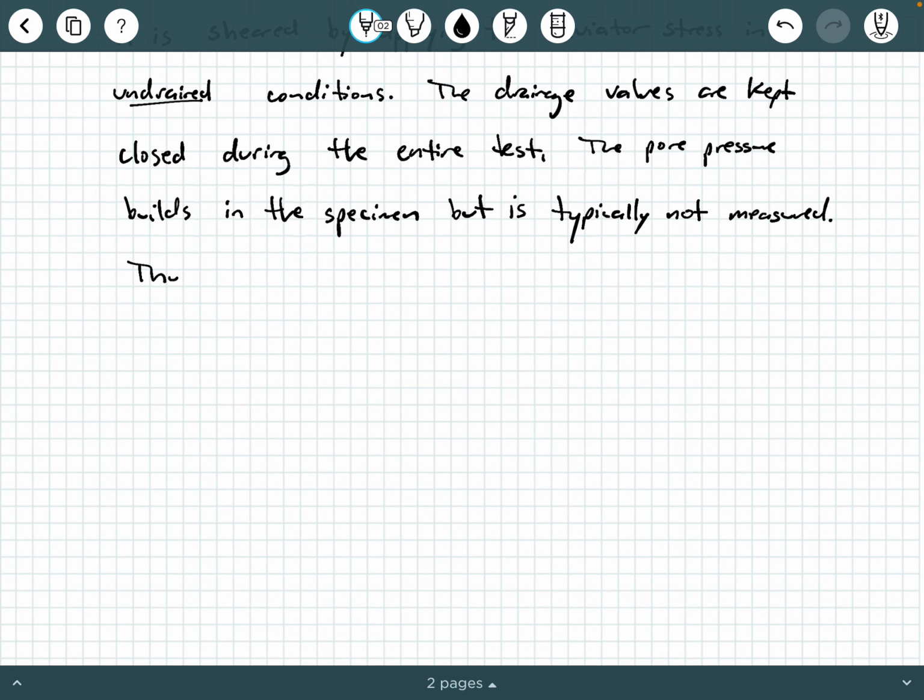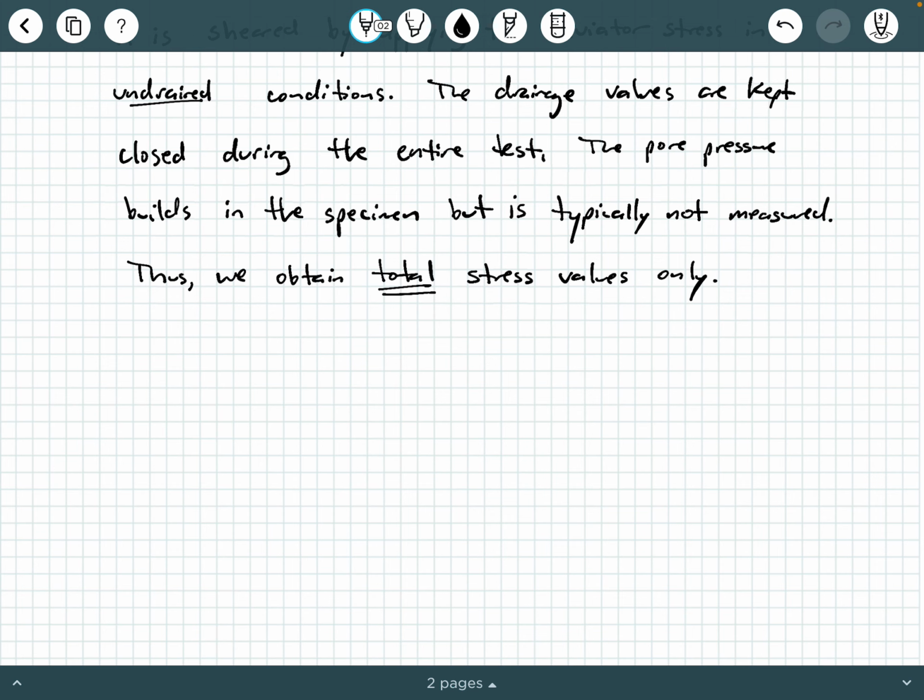So we're going to say, thus, we obtain total stress values only, okay? So because of this, you're not going to get effective stresses out of this test. You're only going to get total stresses during this test, okay?